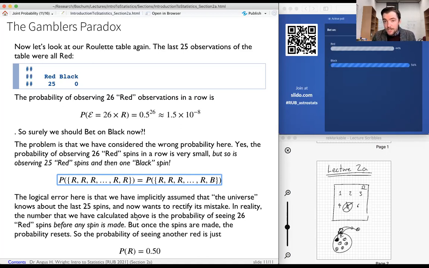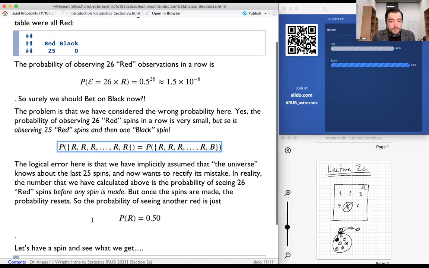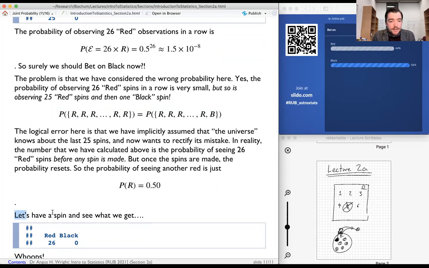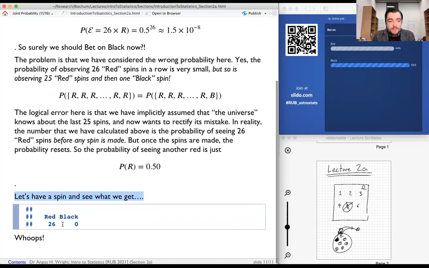But the reality is that each observation is completely independent, and therefore there's no preference one way or another. And so if we take one more spin, it turns out that the next spin was actually a red. And if we had come to the table now, we would have still seen 25 red in a row. And so that's the gambler's paradox.